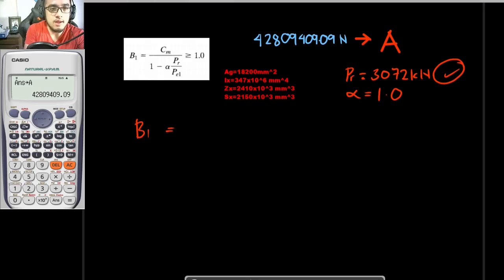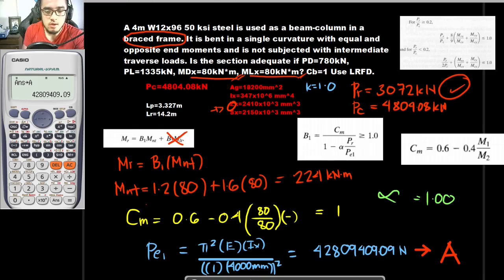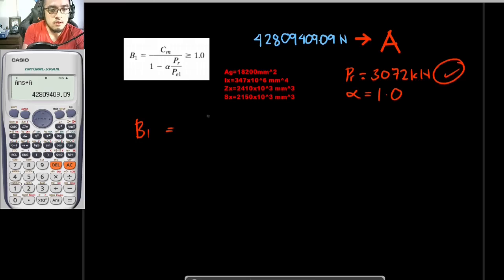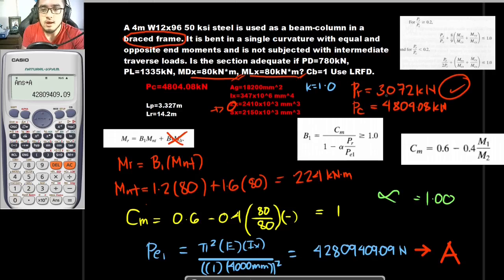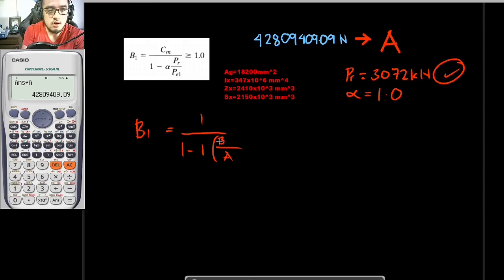So, yung CM natin kanina, that is also equal to 1. So, this is to be 1. So, 1 divided by 1 minus our alpha is 1 times PR over PE1. And our PE1 is equal to A. And our PR is equal to 3072.